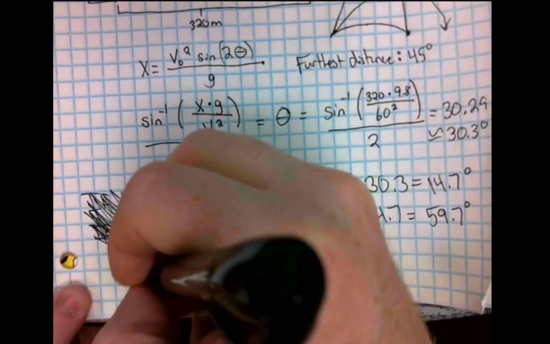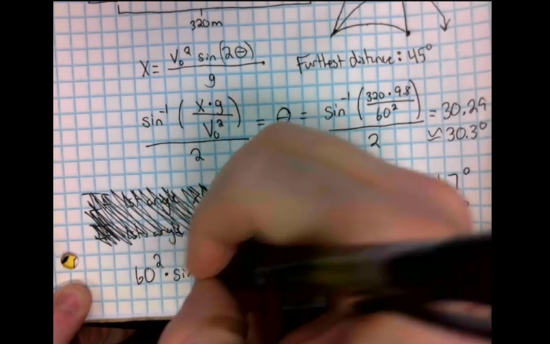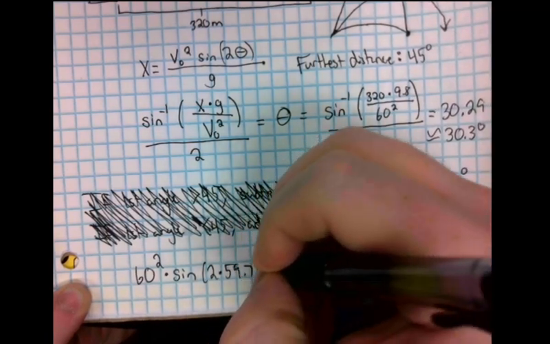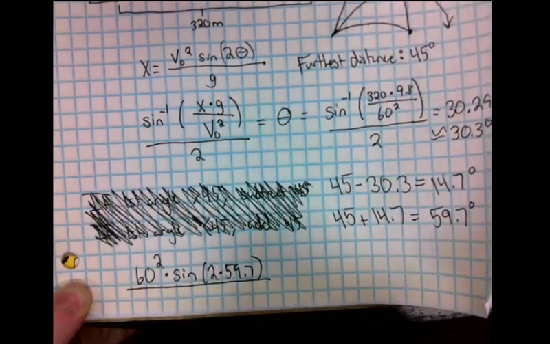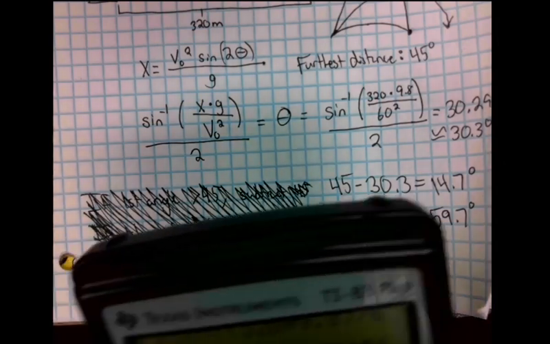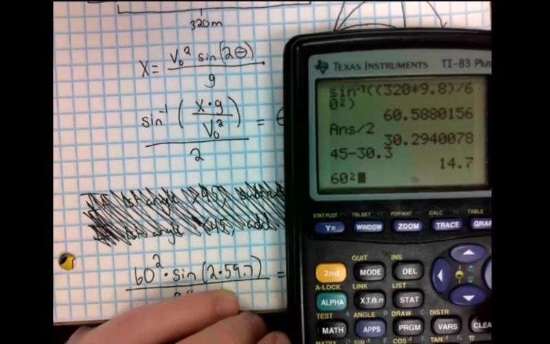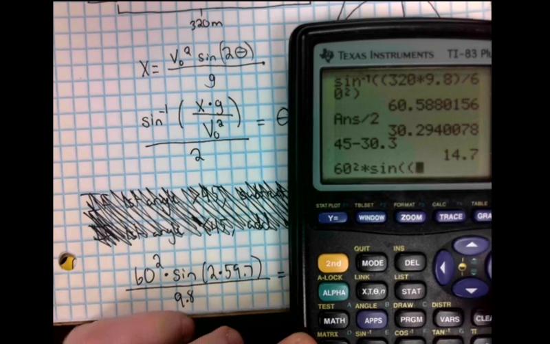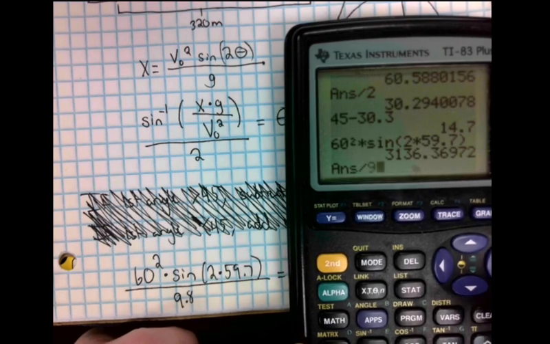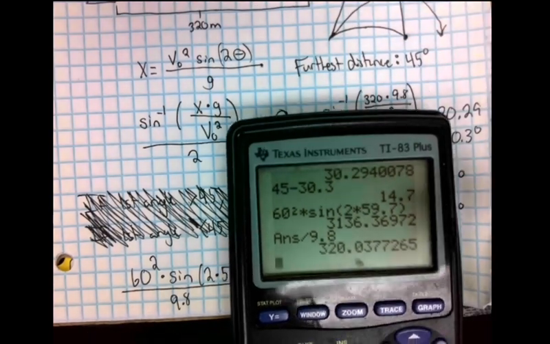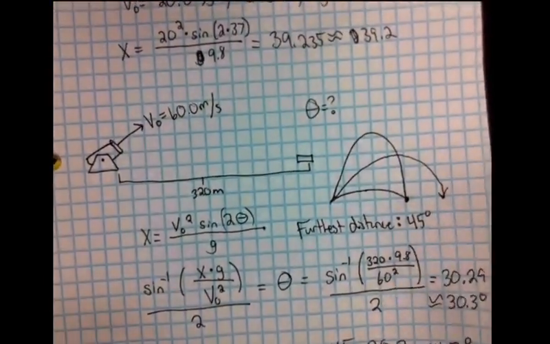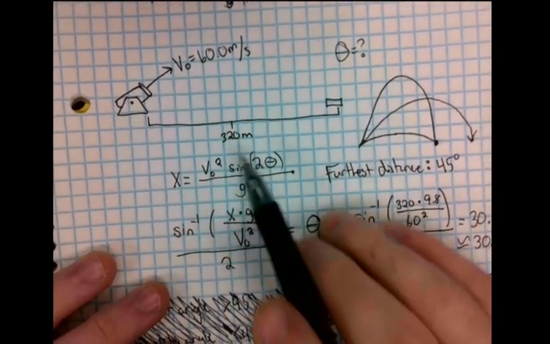Yep, 60 squared times sine of 2 times 59.7, divided by 9.8. We get a distance of 320. A little bit over, but 320, which is the distance that it needs to travel.